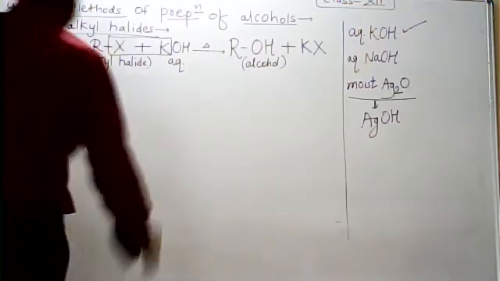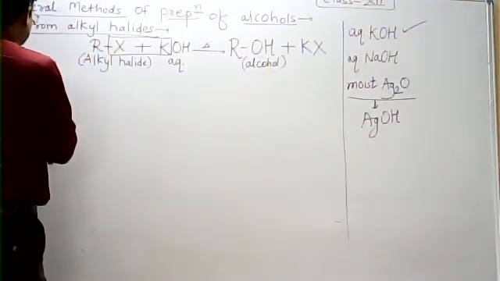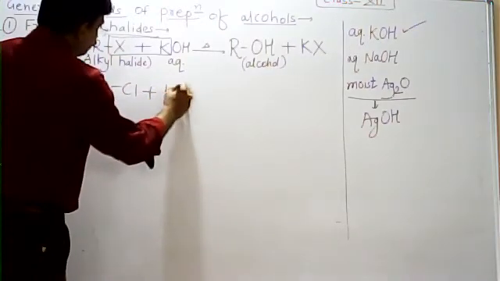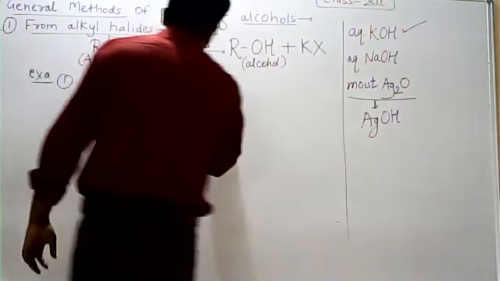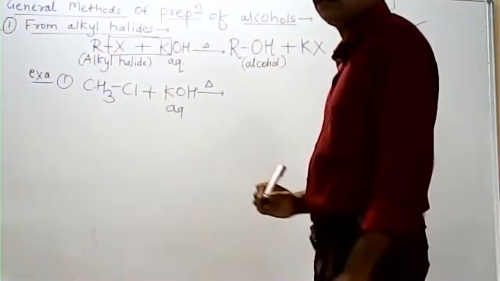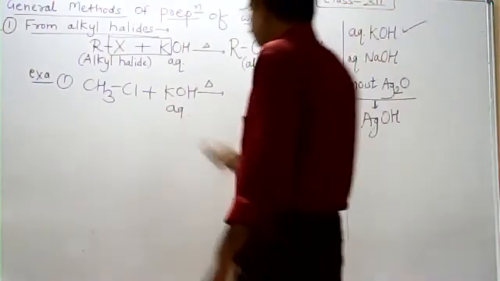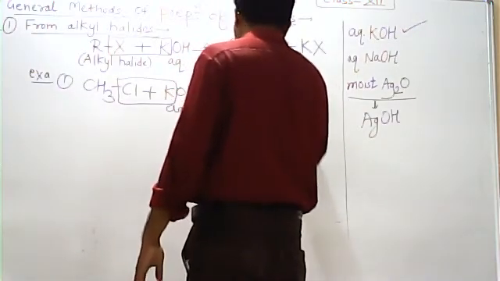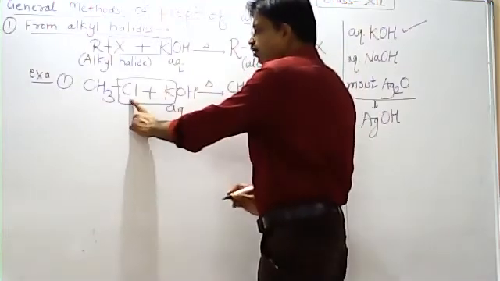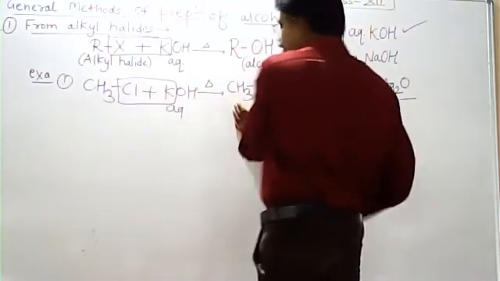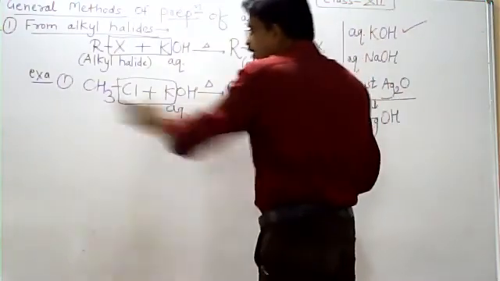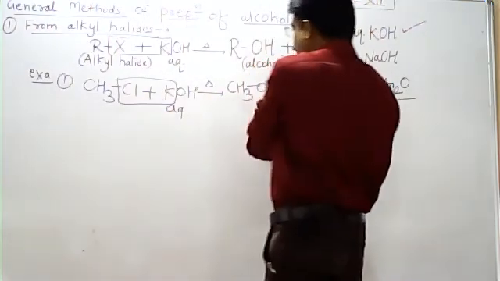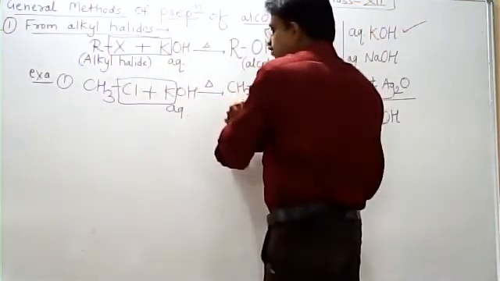Okay. Then examples. First example, CH3Cl plus aqueous KOH, heat, boil म्हणतात, hydrolysis म्हणतात. It gives CH3OH. हॅलोजन काय होतं? मिथाइल क्लोराइड पासून काय झालंय? मिथाइल अल्कोहोल फॉर्म झालंय. अल्काइल हॅलाइड पासून अल्कोहोल बनलाय. क्लोरीनच्या जागी हायड्रॉक्सिल ग्रुप आला. सबस्टिट्यूशन झालं.